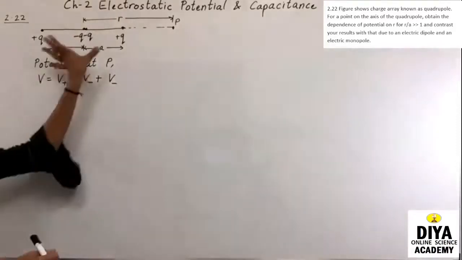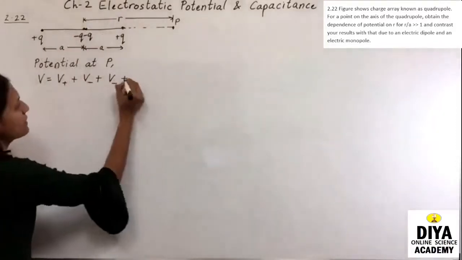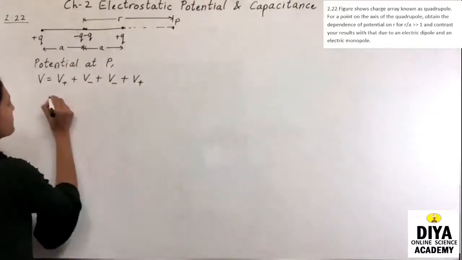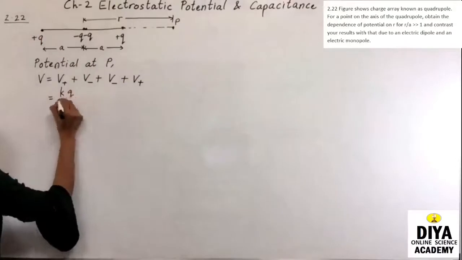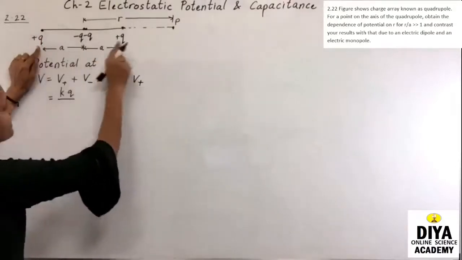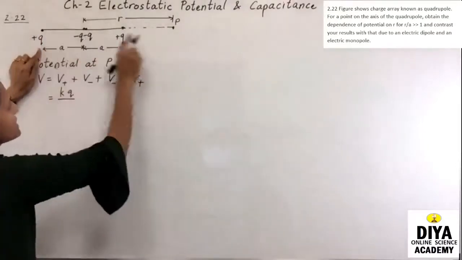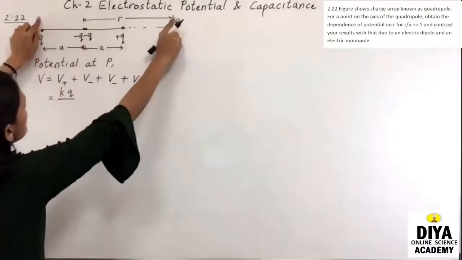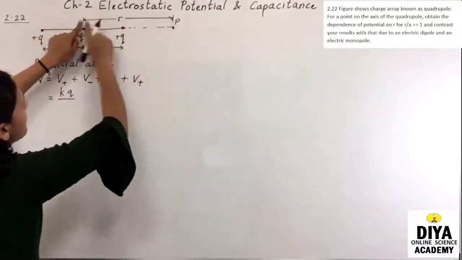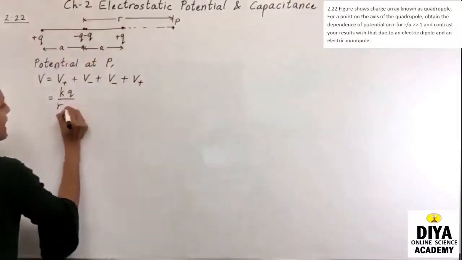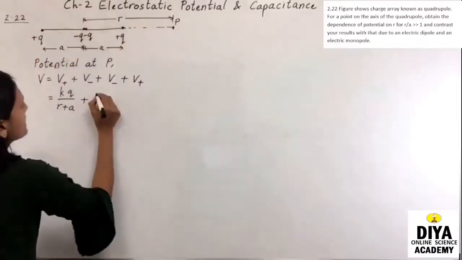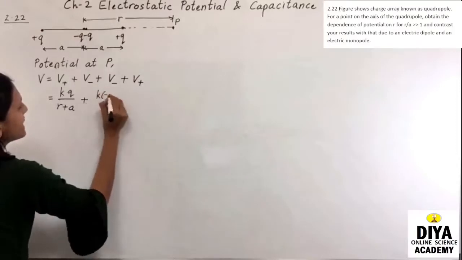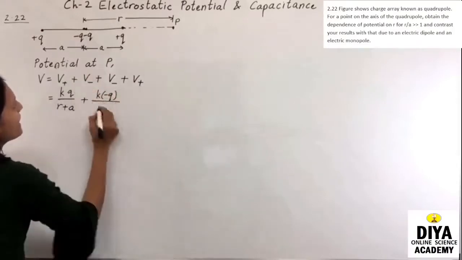That forms a quadrupole. Now for the first charge, KQ by r, the distance of that charge from that point would be r plus A. Minus, that would be K minus Q by r.